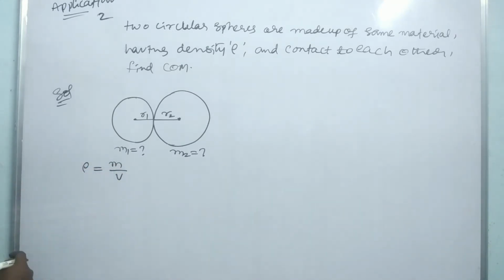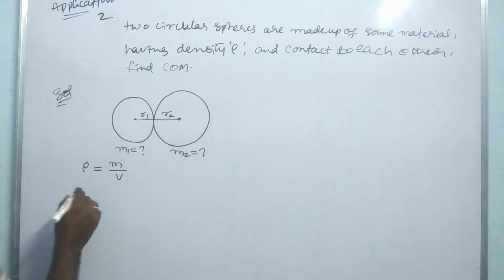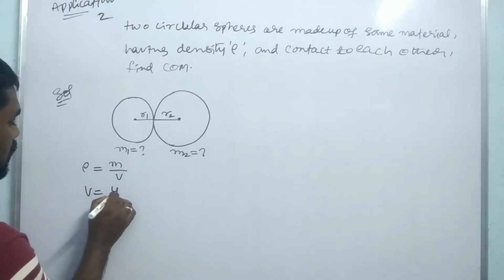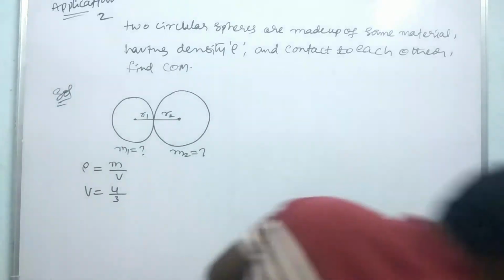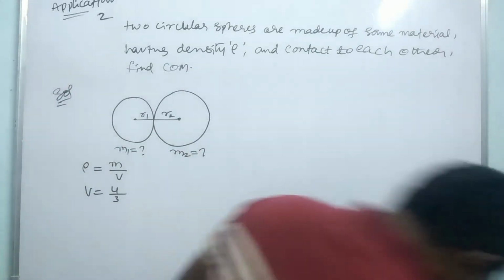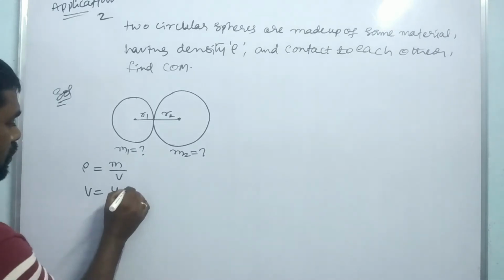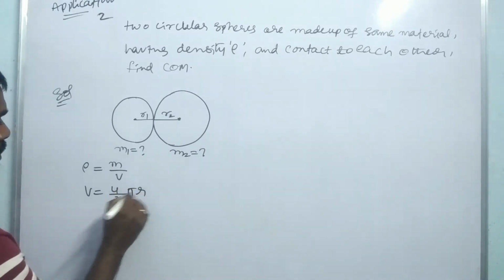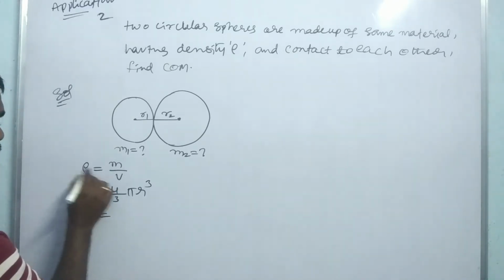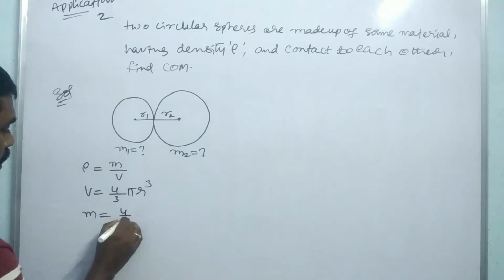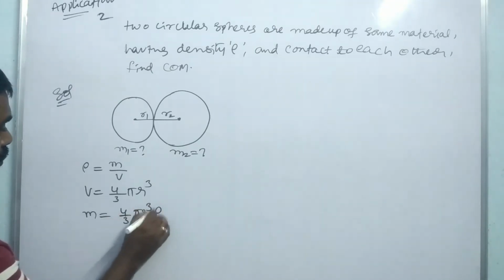The volume of the sphere is 4 by 3 pi r cube. Then the mass is equal to density into volume, so 4 by 3 pi r cube into rho.